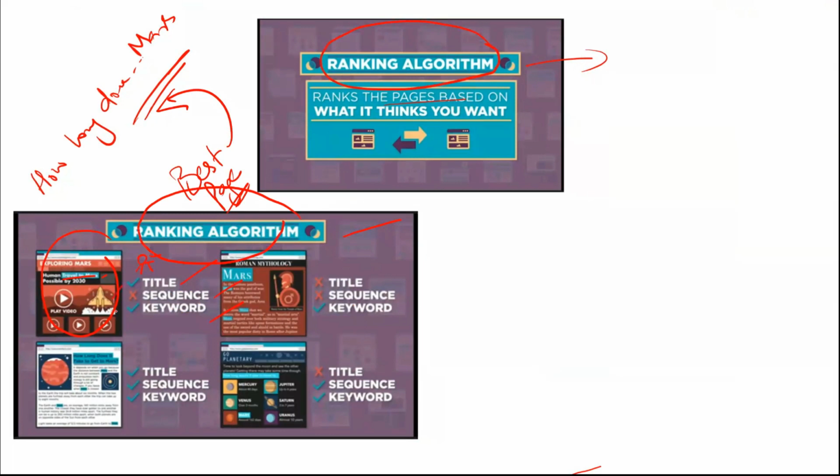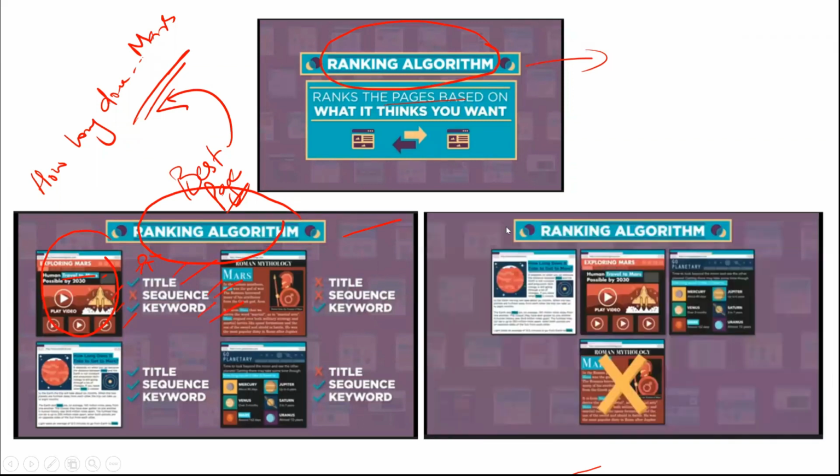The ranking algorithm is checking certain parameters. If it is matching, it says okay, this is not in my list, this is again okay, and so on. Accordingly, the ranking algorithm helps to determine which pages we want to see and which pages the user doesn't want to see. So it checks, okay, this matches, I can show this, this matches, I can show this, this matches, but this does not match at all.